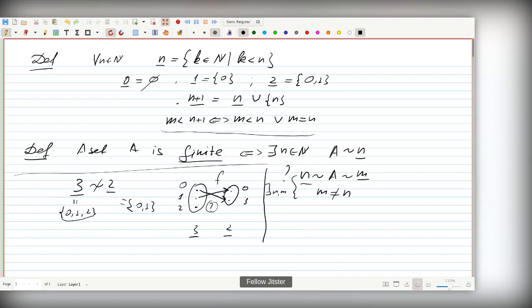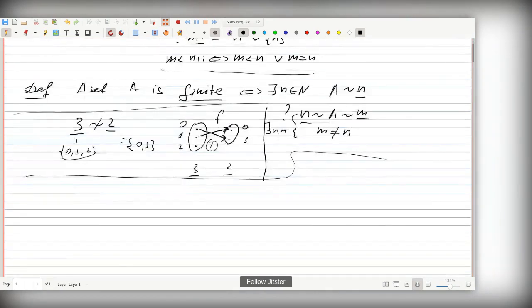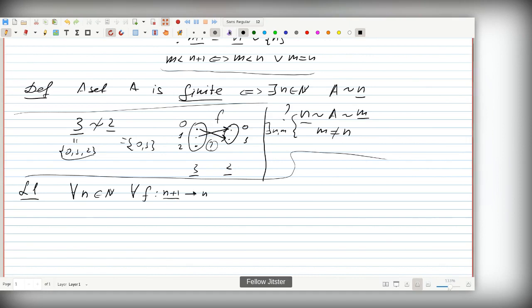Of course, it is not possible, but this requires a proof, and the respective proof is not that hard to obtain. We shall prove it using induction. For every natural number n, for every function f from n plus 1 to n, f is not injective.